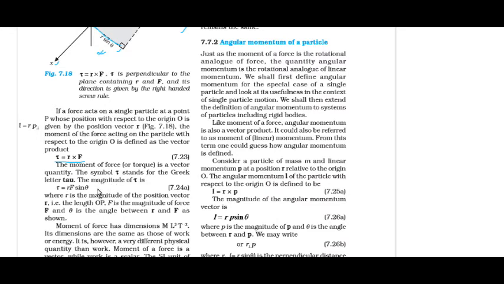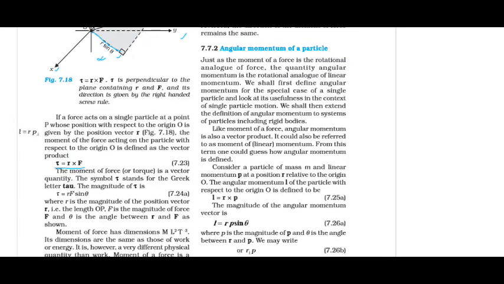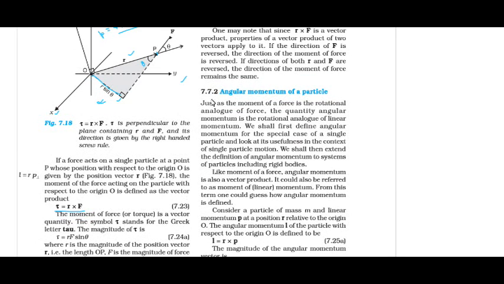The magnitude of tau is equal to r F sine theta. So what is the magnitude of tau? The magnitude of tau is equal to r cross F.